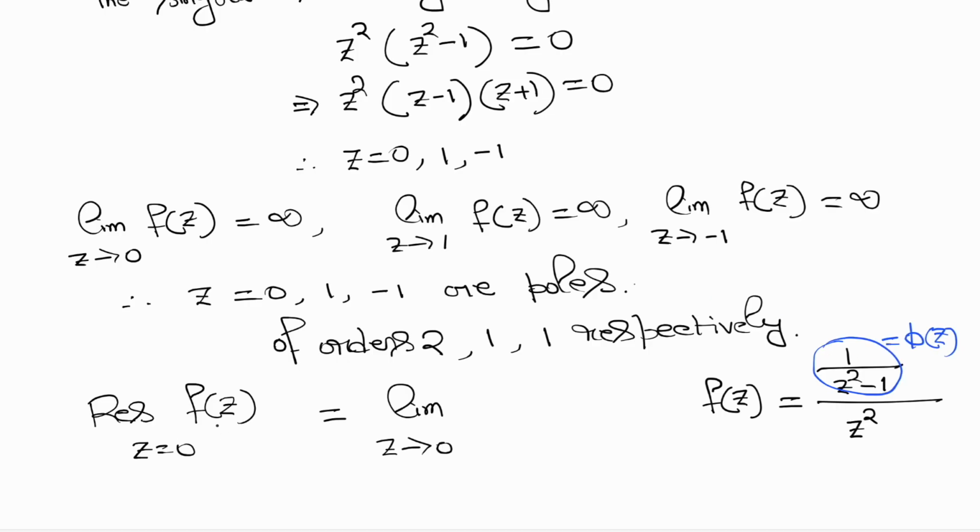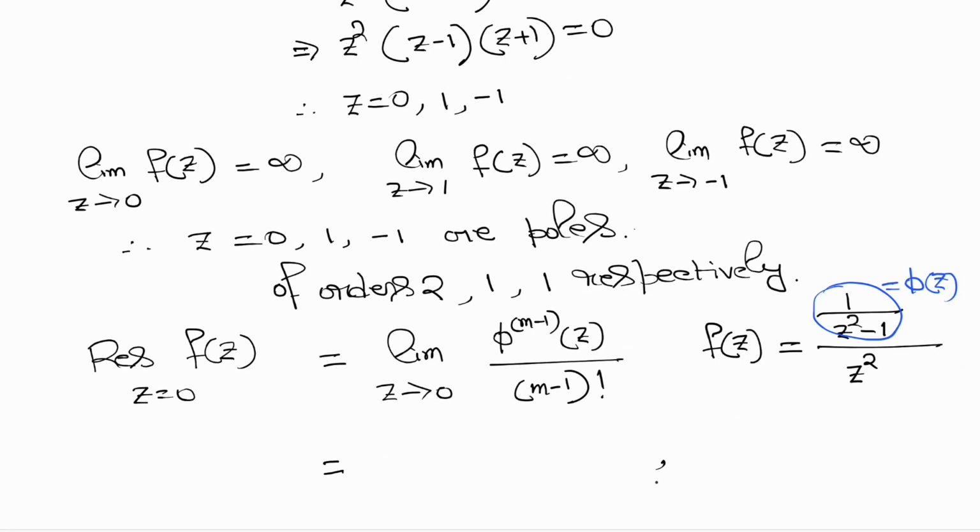Now by the formula of residue, this will be equal to the limit as z tends to 0 of the (m-1)th derivative of phi divided by (m-1) factorial. Now see that m = 2 for the pole z = 0. Therefore, it will be equal to the limit as z tends to 0 of phi'(z), the first order derivative of phi, divided by 1 factorial, which is 1.